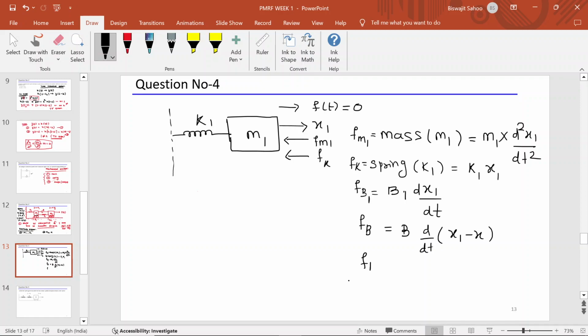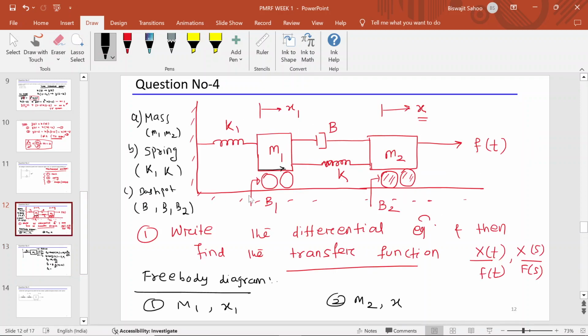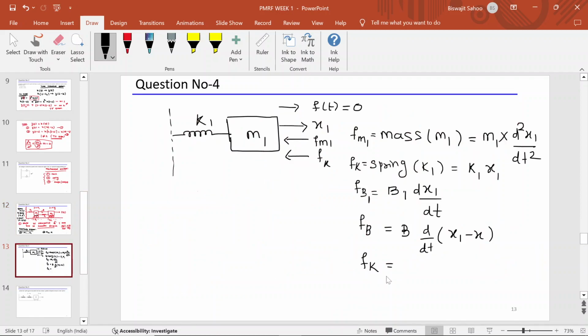So f of k also depends on the relative position because it is attached between M1 and M2. So write down that equation: k times x1 minus x. All of these forces, f of b, f of b1, and f of k, apply in the negative direction, that is opposite to your displacement.